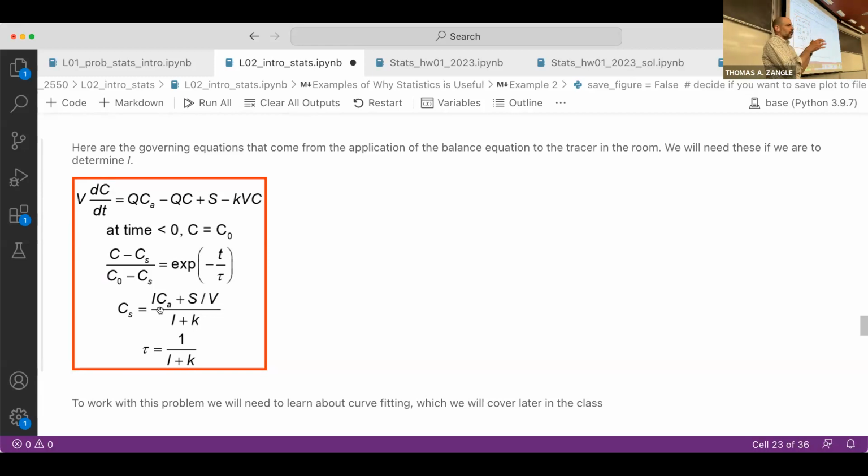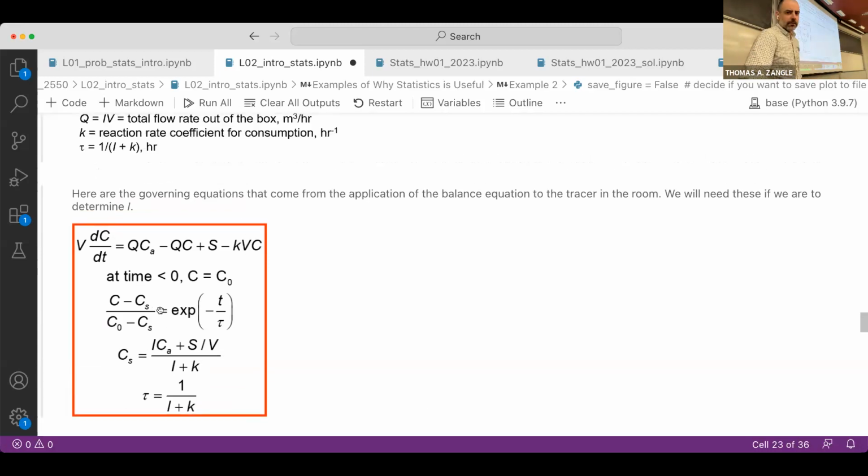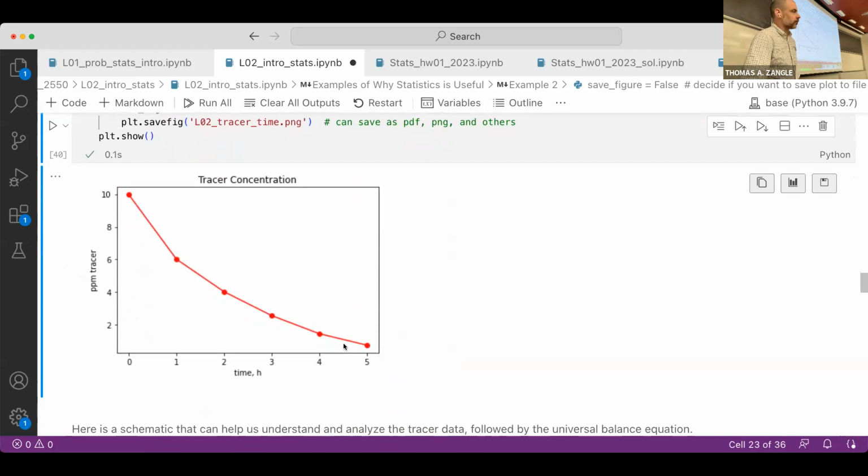And now if we want to actually use those expressions to make measurements about what's going on in the world, we're going to collect real data. And then we can do things like curve fitting to that data. So for our plot of tracer concentration versus time, we can fit this to a model and then make a statement about what that variable I was, that we were trying to measure with this. And because it's a statistical, probabilistic measurement, we'll then be able to make statements about uncertainty, like how likely is it that that value is within a certain specified threshold, for example.